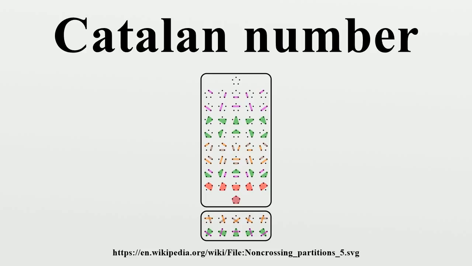For n equals 4, they are 1432, 2143, 2413, 2431, 3142, 3214, 3241, 3412, 3421, 4132, 4213, 4231, 4312 and 4321. Cn is the number of non-crossing partitions of the set 1 to n.